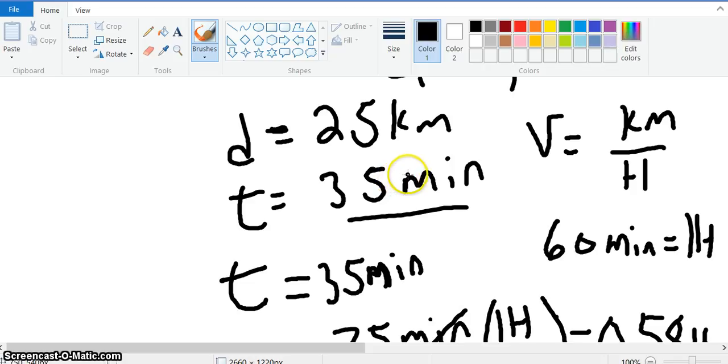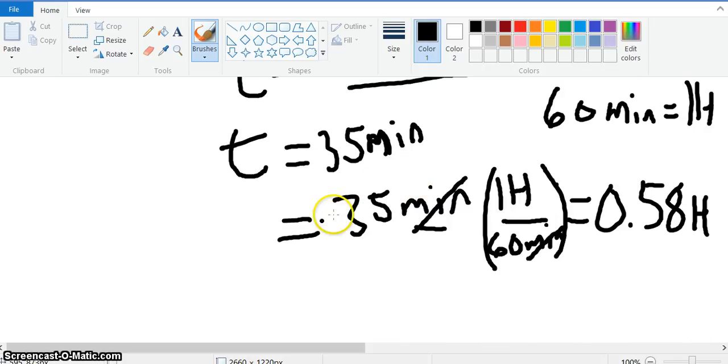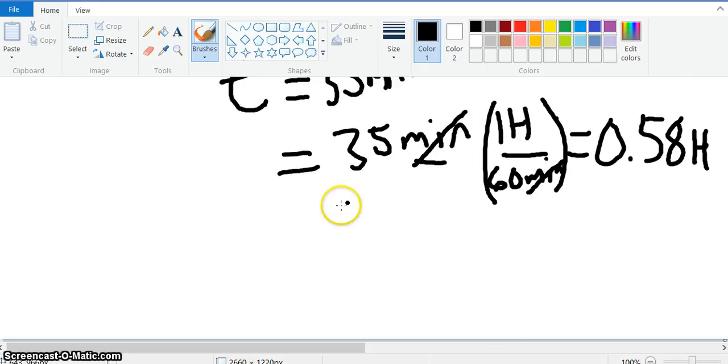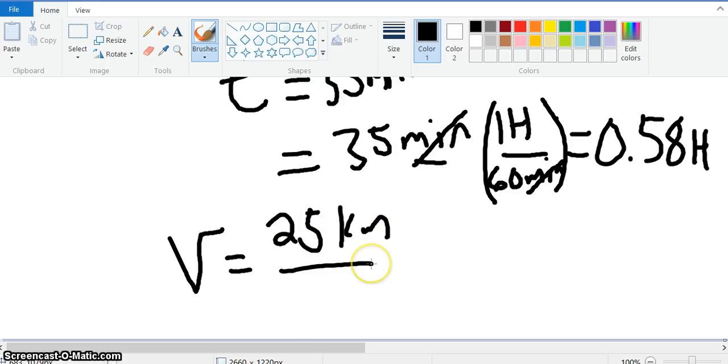So it's going to be 25 kilometers divided by 0.58 hours. And so the velocity is 25 kilometers divided by 0.58 hours.